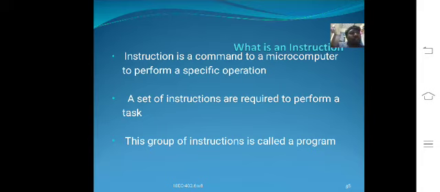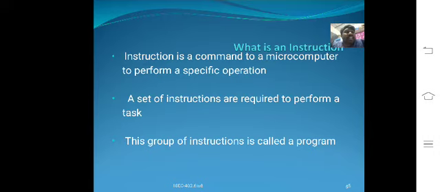Here also in a microcontroller we are using a list of instructions. Based on this list of instructions we are performing the specific task in the microcontroller. This is the instruction. What is an instruction?